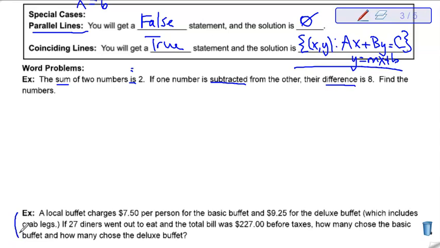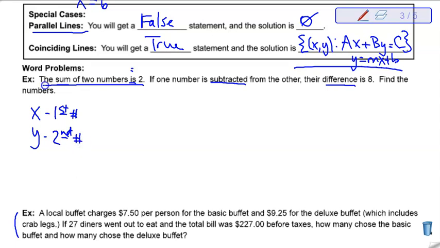So I come to this first sentence and it says the sum of two numbers is 2. It also then states that if one number is subtracted from the other, their difference is 8. We want to find the numbers. So we have to let some designation be our x and our y. These are our unknowns. So I'm going to let x be my first number and y be my second number.